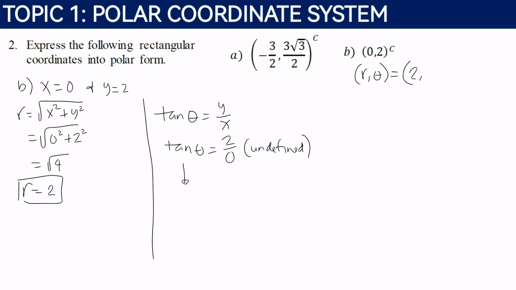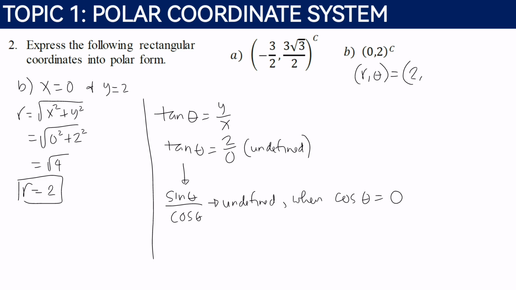Take note that tangent theta is sine theta over cosine theta. This is undefined when cosine theta is equal to 0, right?